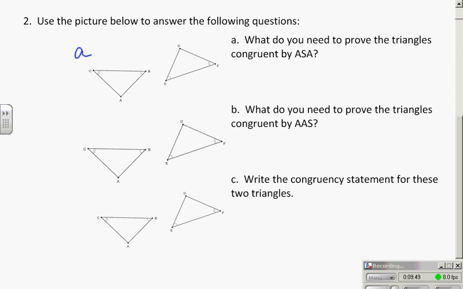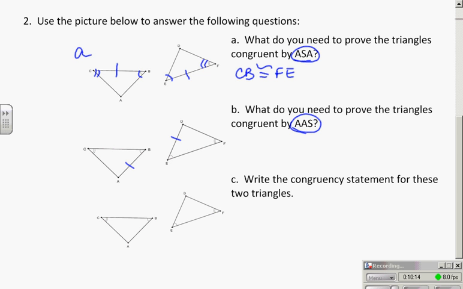That ought to work perfectly. All right, so congruent by angle side angle. If I know this angle and this one, angle side angle is the included side. I need this one. So I need to know that CB is congruent to FE.